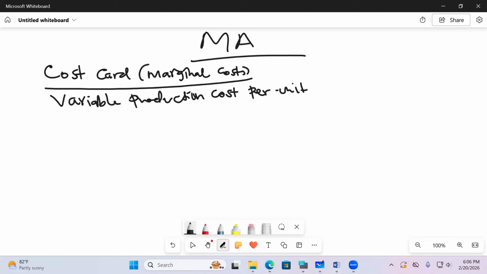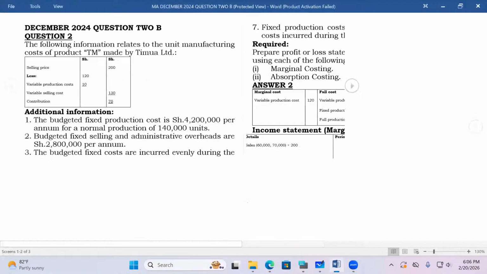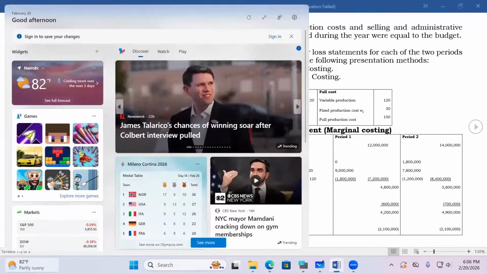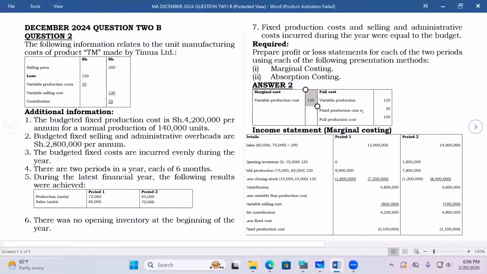If you look at the question we are given here, ladies and gentlemen, what have they given us here? If you look at this very well, this is quite a tough thing, we shall overcome. If you look at this particular question, they are telling us something very nice at the very beginning.